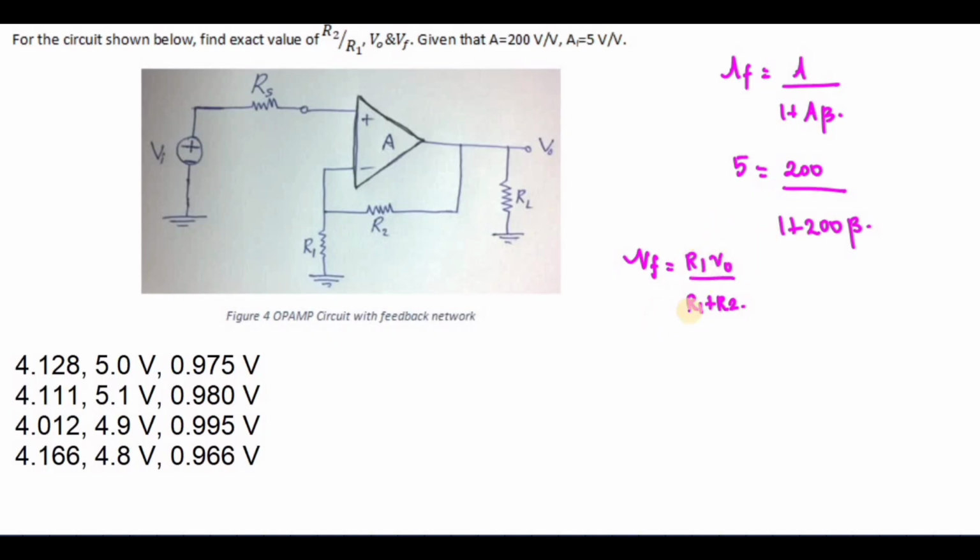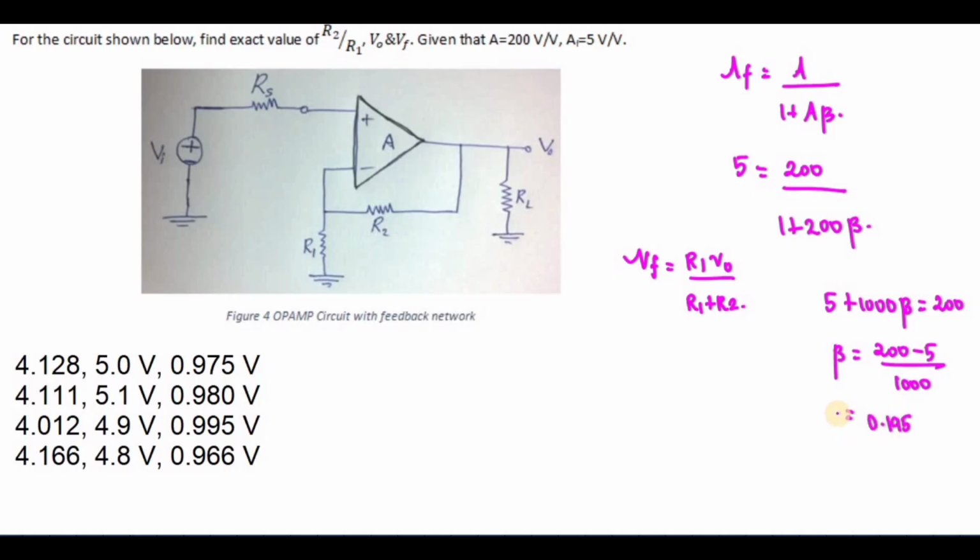Multiplying through, 5 plus 1000 into beta is equal to 200. By solving, I'll get beta equal to 200 minus 5 divided by 1000, which is 0.195. The beta value must always be less than 1.